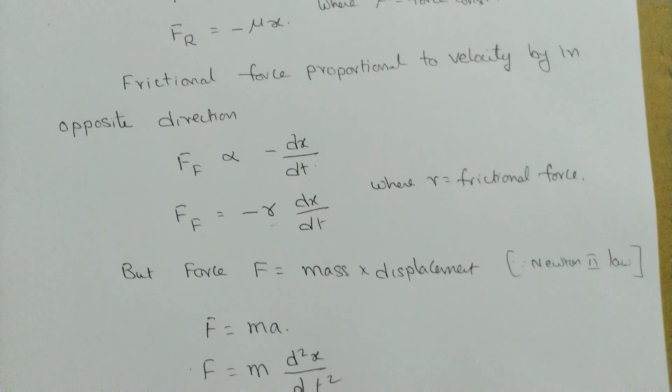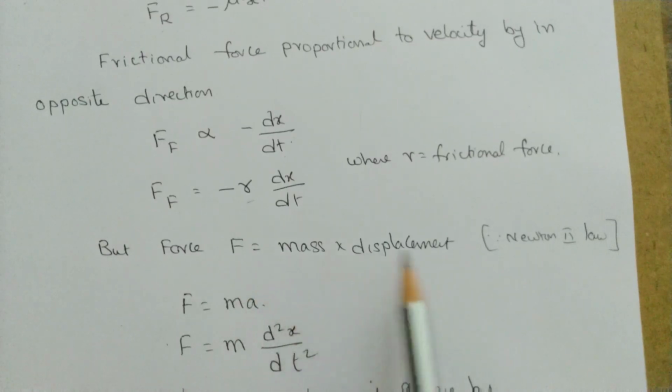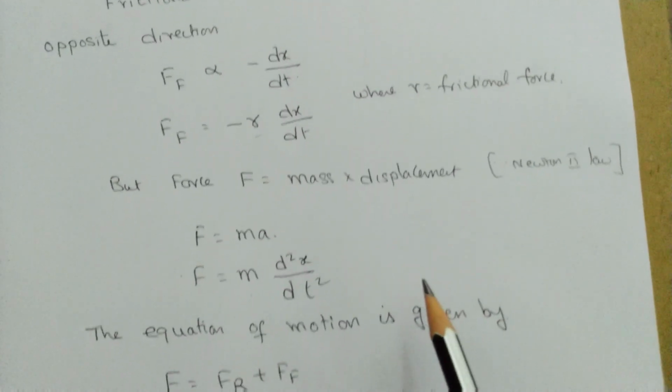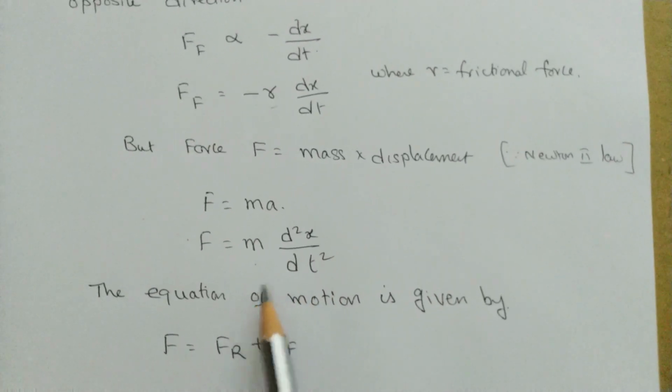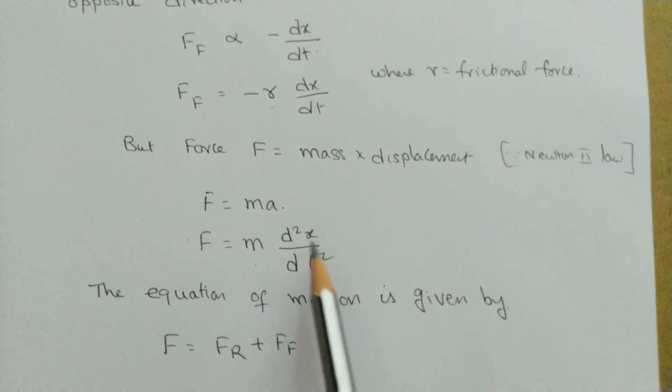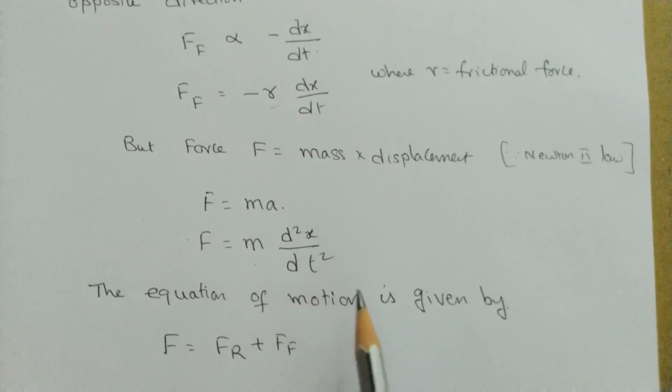According to Newton's second law, we know F is equal to mass into acceleration, m into a. Mass is constant, and the acceleration can be written as d square x by dt square, which is change in velocity per unit time.